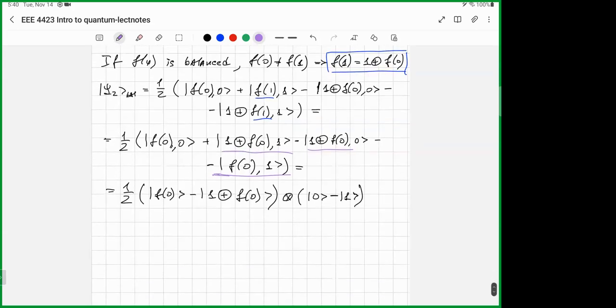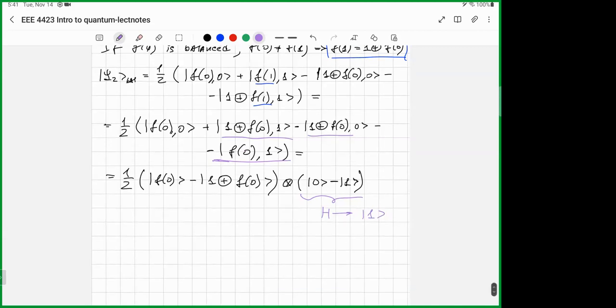So again, here in the second qubit, I noticed that the state of the first qubit, the upper qubit, is the Hadamard state, the perfect superposition, but with a different sign, with the minus. And if I apply the Hadamard gate to the first qubit, I will get the state 1 here. And then if I measure the circuit, I will get 1 in the output, right?